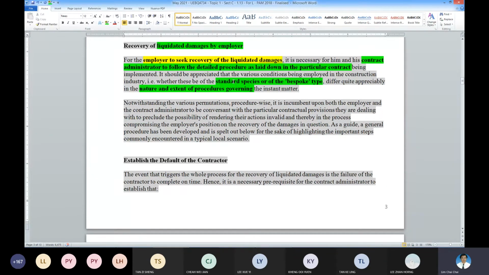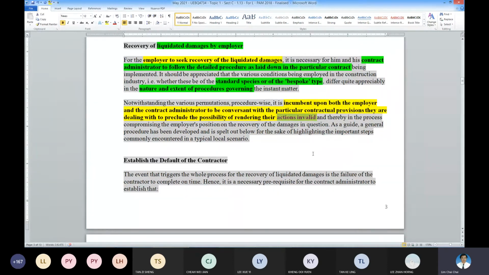So we're going to go into detail under our PAM. It is important for the employer and the administrator to be very familiar with these procedures. If not, your action could be invalid.